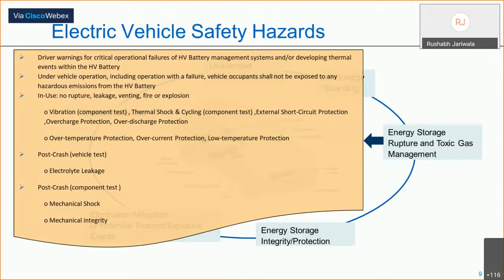So what it mainly is, the HV bus bars and all that should not lead to a condition where it comes directly in contact with the body of the vehicle, where customers are going to touch it to either open the door or to take the passenger out of the crashed vehicle. Post crash mechanical shock, so this one is related to this.